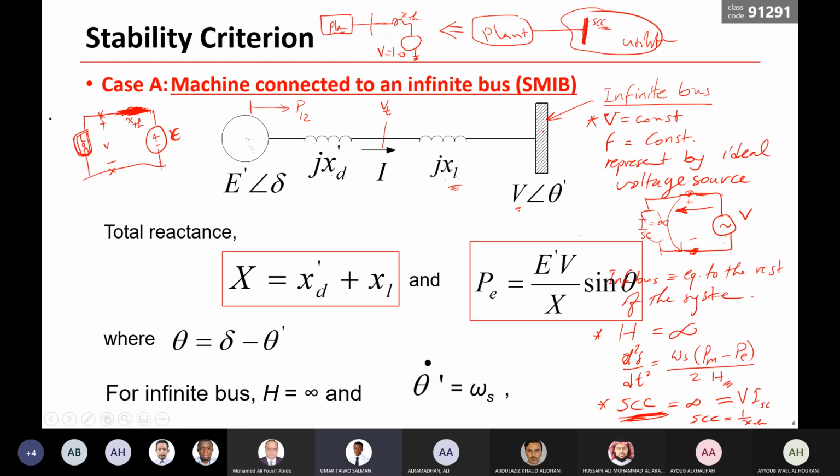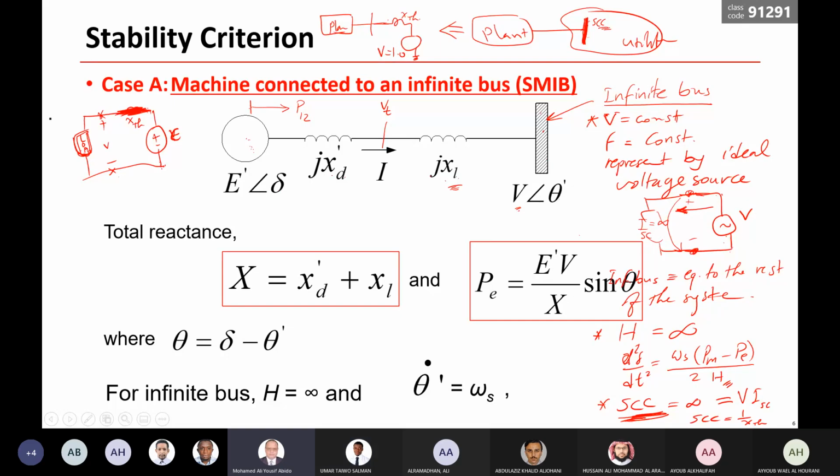But Doctor, if we have a continuous increase in load, will it not eventually affect the infinite bus? In terms of voltage, you will not affect it. To be frank with you, the infinite bus is some kind of approximation. It is not in real life.